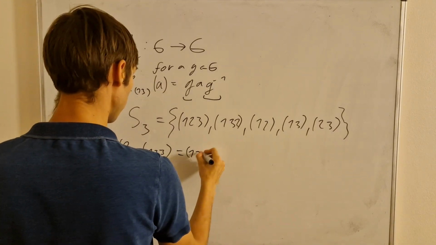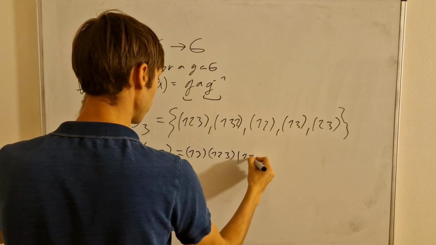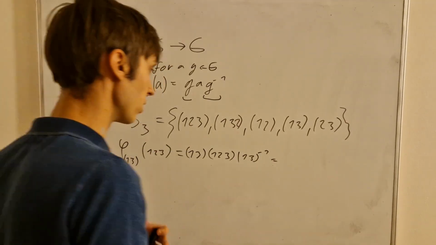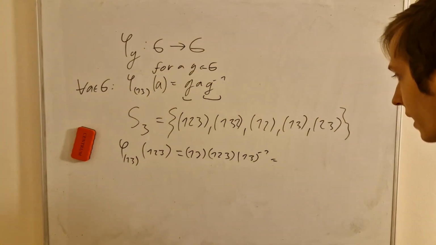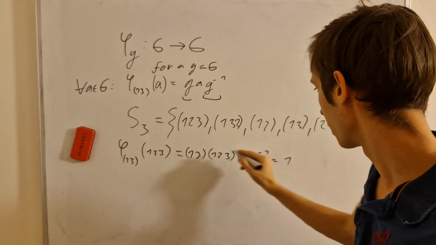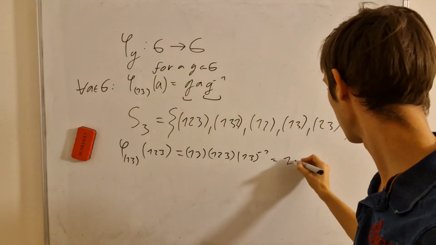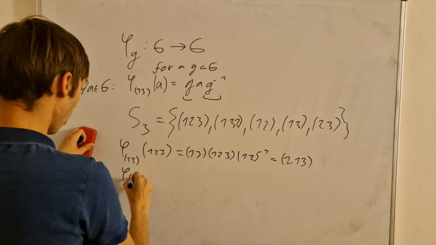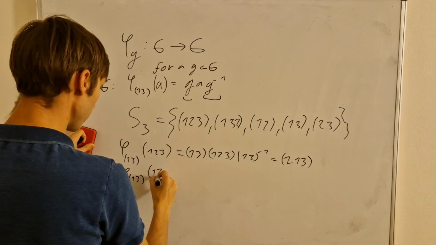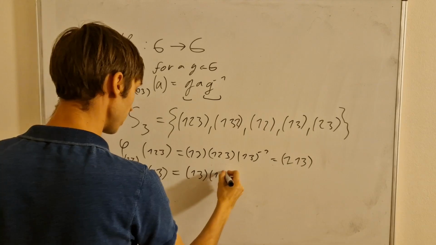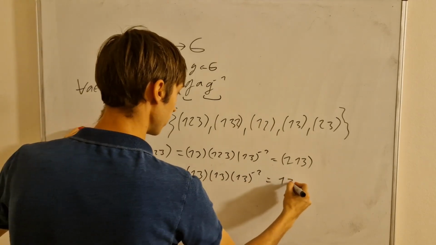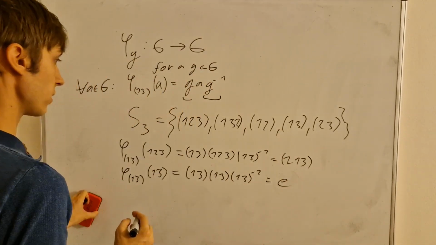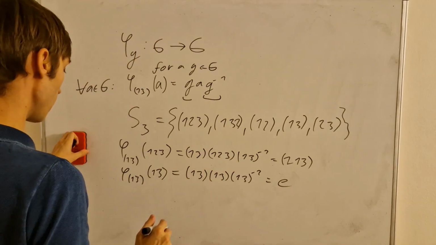Well, it would mean (1 3)(1 2 3)(1 3) inverse, but (1 3) and (1 3) inverse are the same thing, so we don't have to write the inverse, but anyway, let's just keep the practice from the definition here, and that would generate (2 1 3). And then we can do that for the rest of the elements as well. Obviously, for (1 3) itself, (1 3)(1 3)(1 3) again, that generates the identity element, which we note as E.